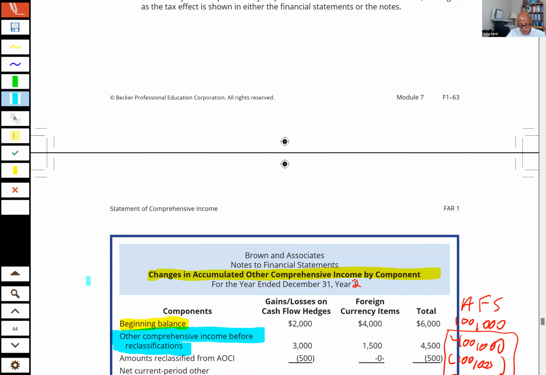They tell us here that the company purchased a $300 3-year insurance policy on January 1st, year one, and expensed it all on the payment date. So what did they do?